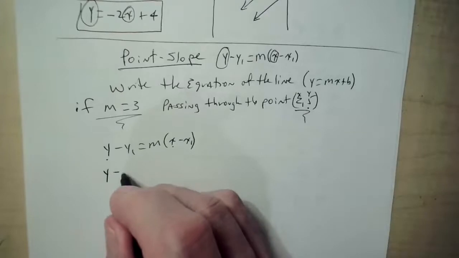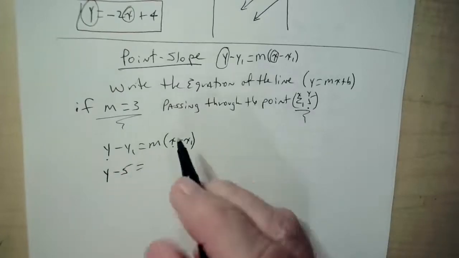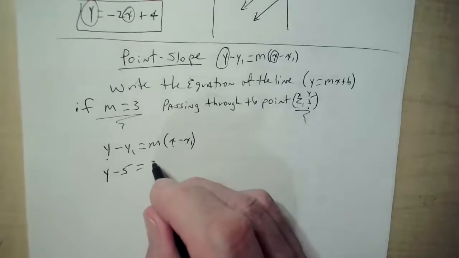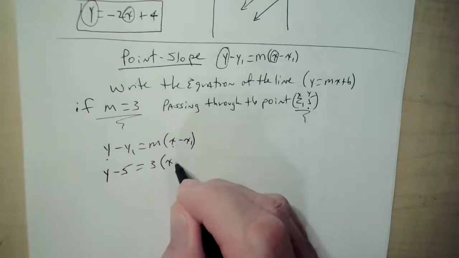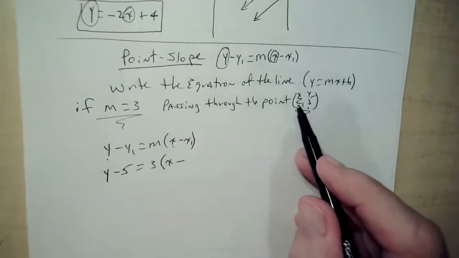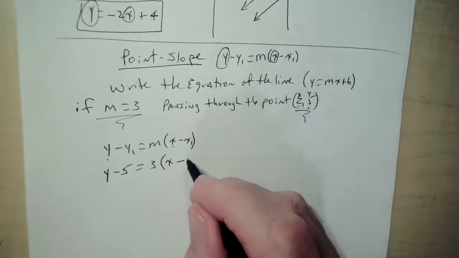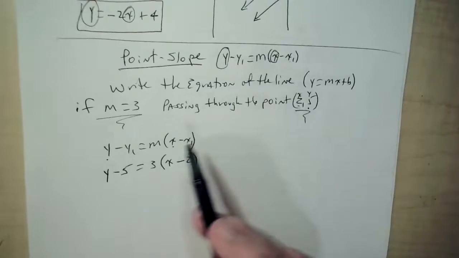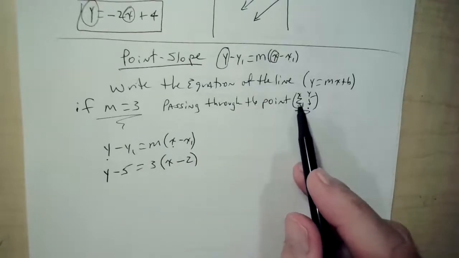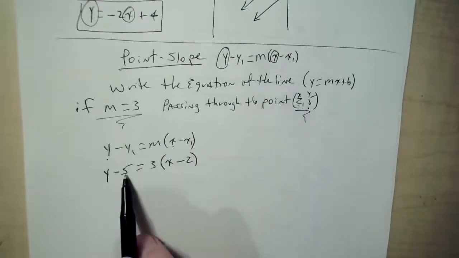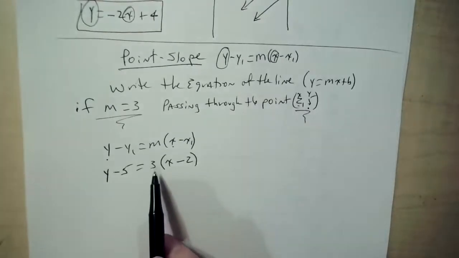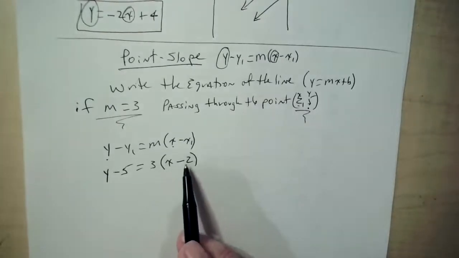Y minus y1, that's 5, equals m, our slope is 3, open, x minus x1. x1 is 2. Okay? y1 is here, x1 is here, and our slope is there.